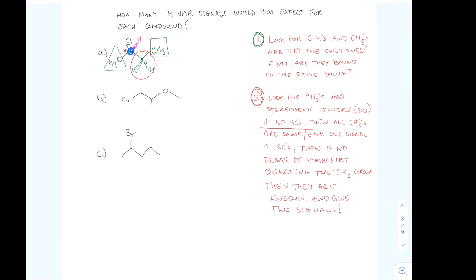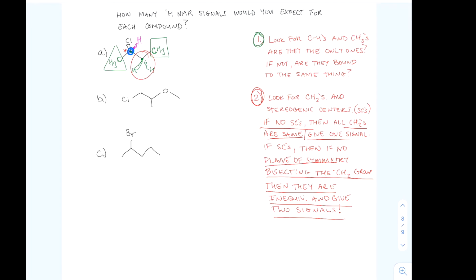If there's no stereogenic center, then all the CH2s would have been the same, and they would have given one signal. However, since there is a stereogenic center, we want to see if there's no plane of symmetry bisecting the CH2 group, then they are inequivalent and give 2 signals.